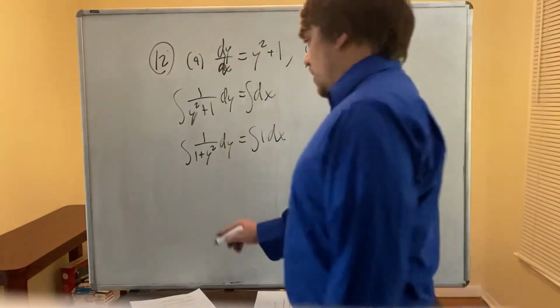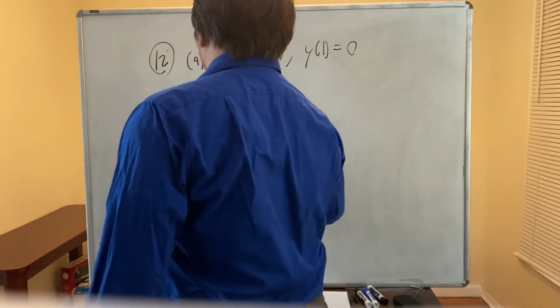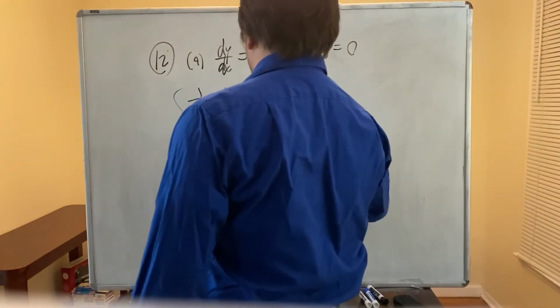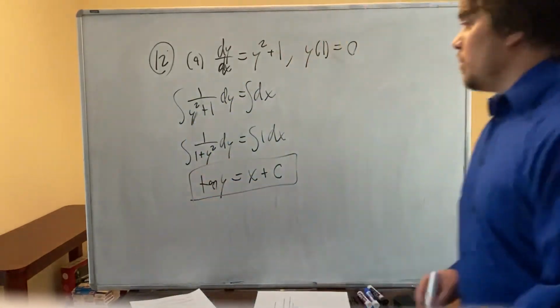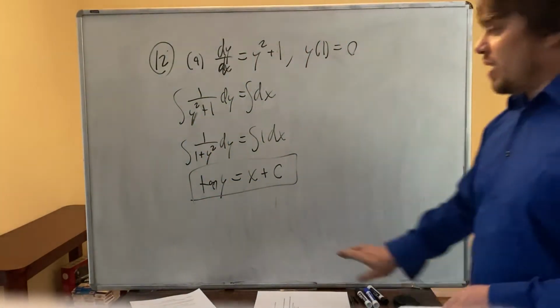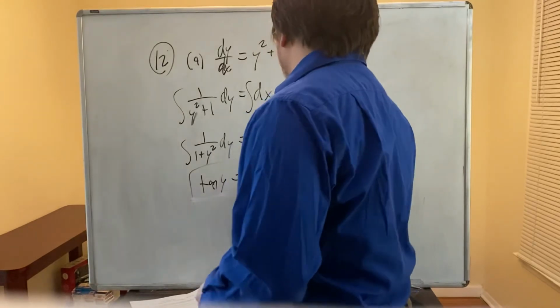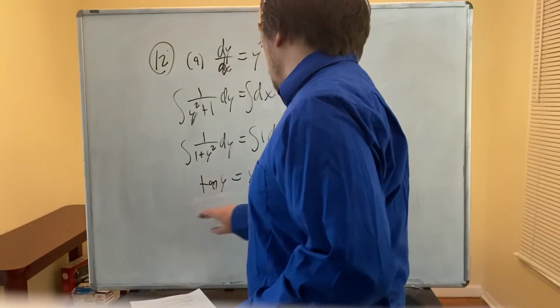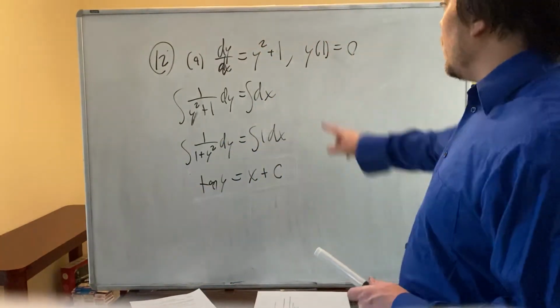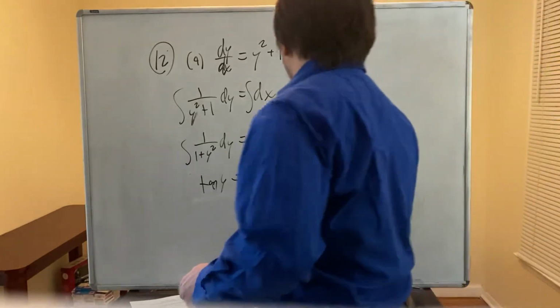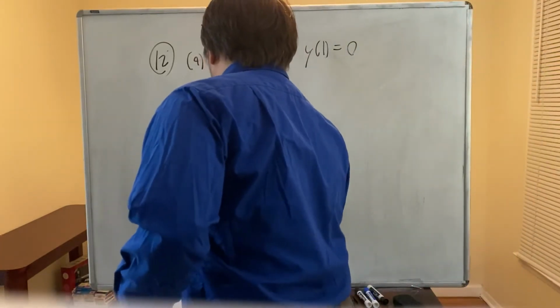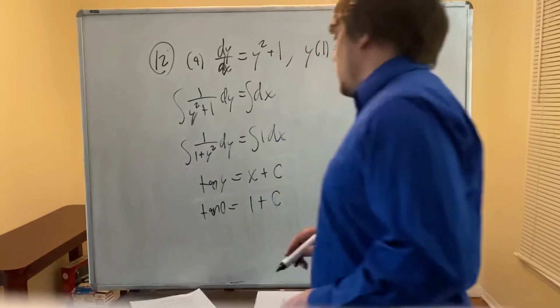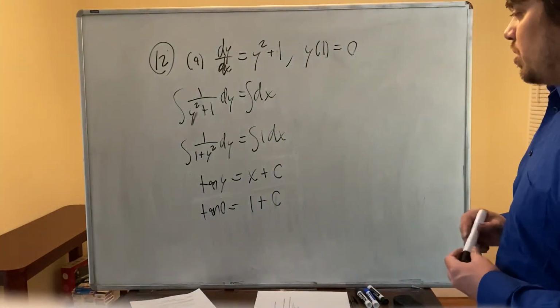Well, the integral of this is tan inverse y, so tan inverse y is equal to x plus c. That's the answer, and we solve for y implicitly in terms of x. Now I'm going to plug in y is 0, x is 1. If y is 0 and x is 1, we have tan inverse of 0 equals 1 plus c.